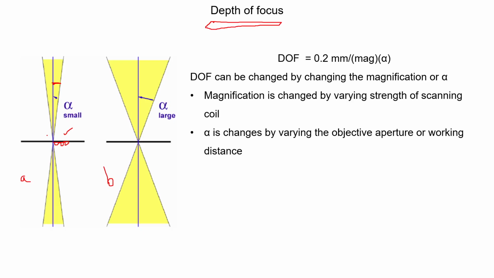At higher working distance, I'll just repeat my question. Higher working distance basically means a larger distance between the detector and your specimen.